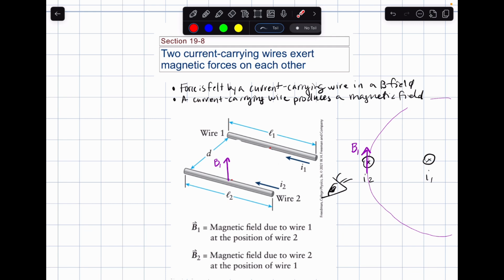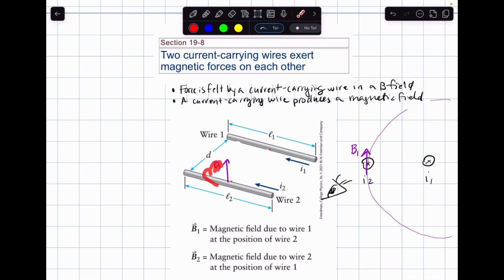So I'm going to have to flip my hand upside down. This is still my right hand, palm up. I'm going to curl my fingers into B1, and you're going to see that my thumb is pointing towards I1. My thumb is the direction of the force. So this is the force that wire 1 exerts on wire 2.